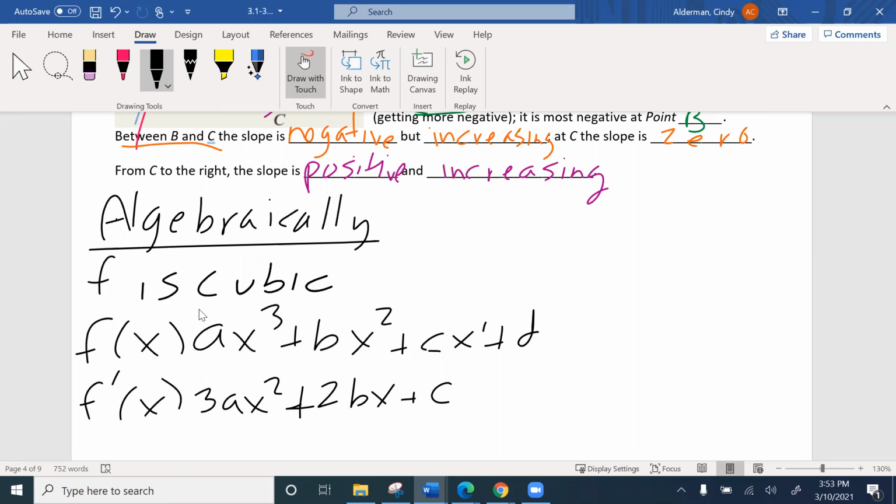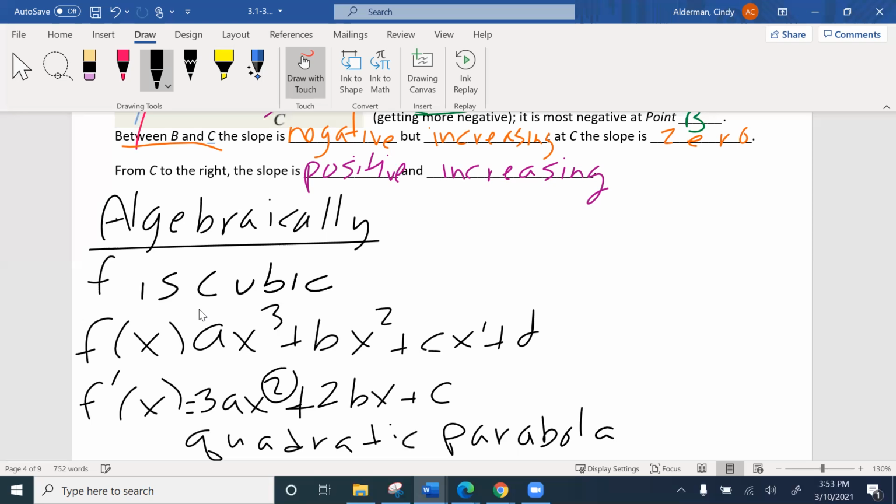Okay, so based on this, first of all, we know that this is quadratic, right? So it's going to be a parabola. And is it going to open up or is it going to open down, based on that 3 coefficient?